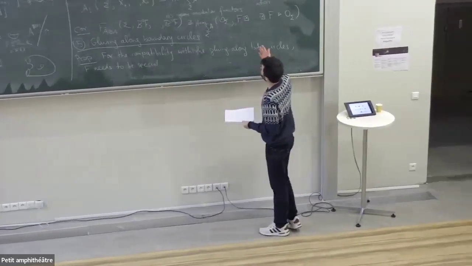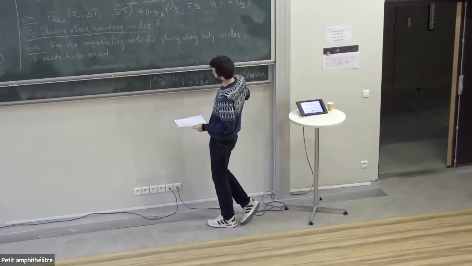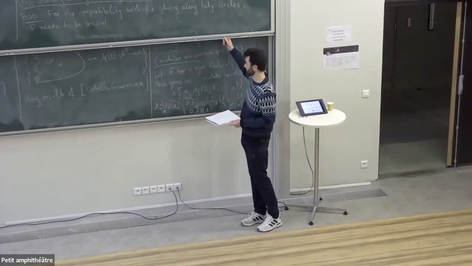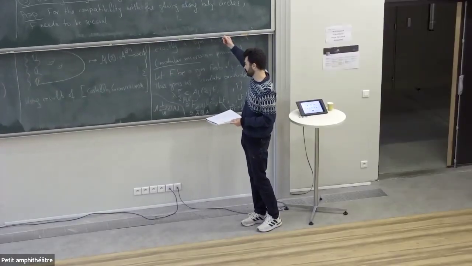If we want to take these vectors that I already gave you, and we are also asking for compatibility with the gluing along boundary circles, you want this to be special.